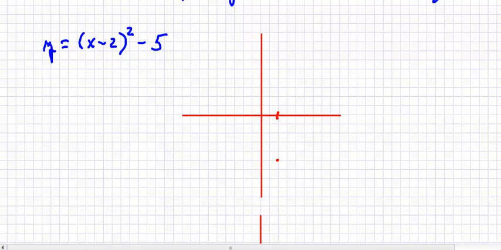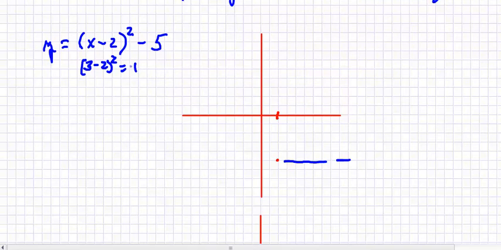Now, think of having a line going through the vertex, and when x equals 3, 3 minus 2 squared is 1 squared, or 1.